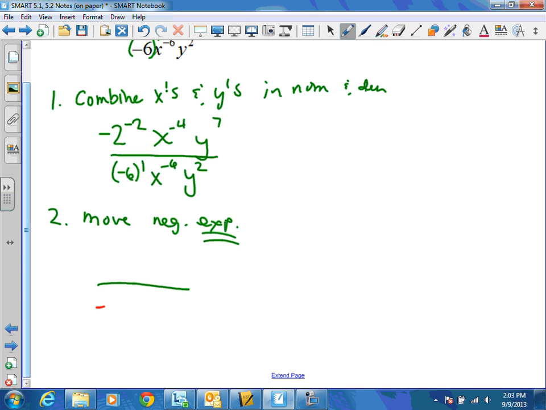Negative 2 to the negative 2 would be positive 2. X to the 4th and y to the 7th stays. Does that make sense? Negative 6 to the first stays. X to the 6 goes on top. And y squared stays.